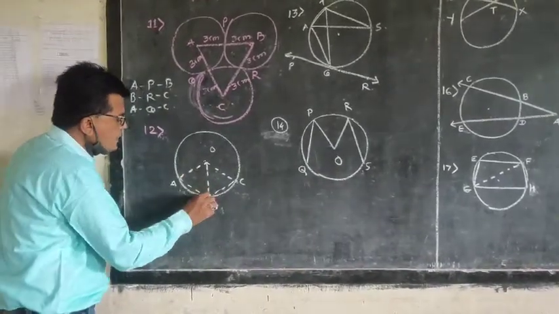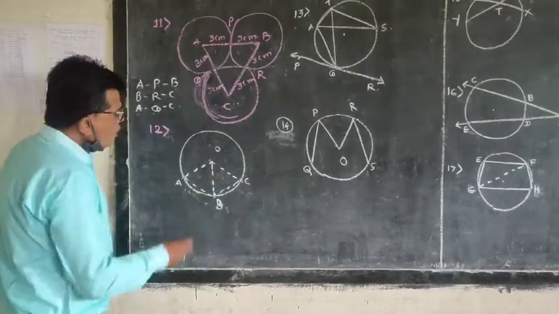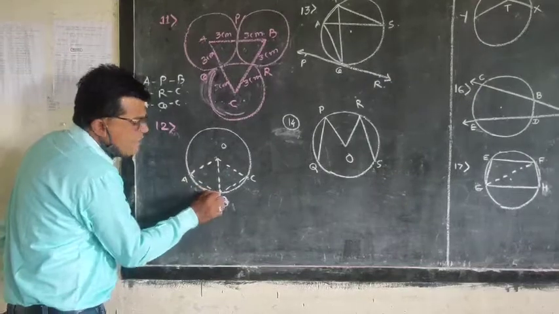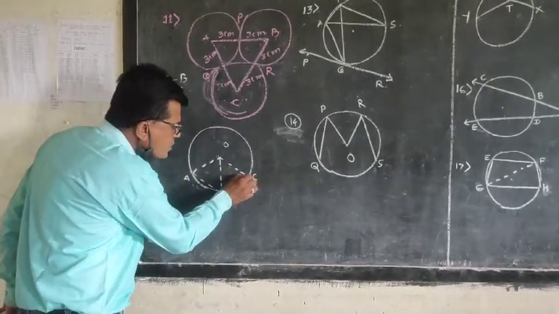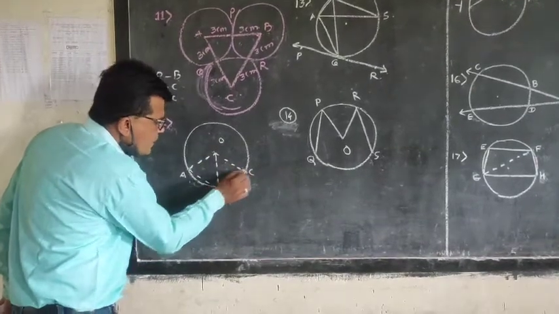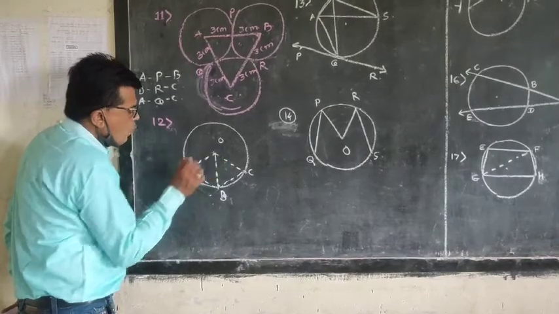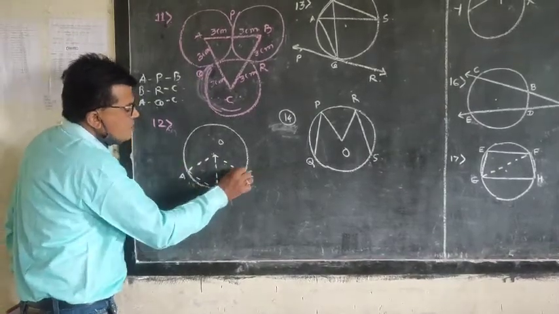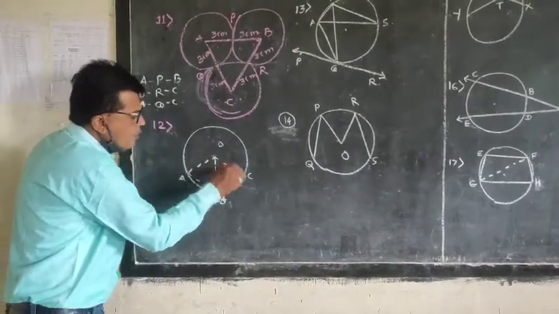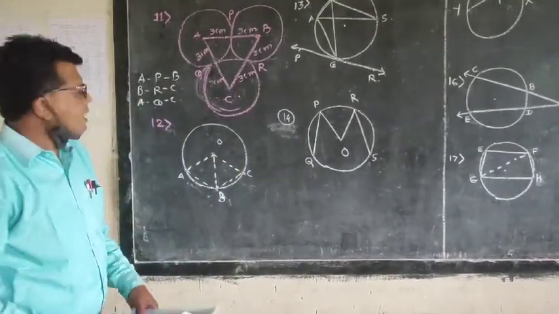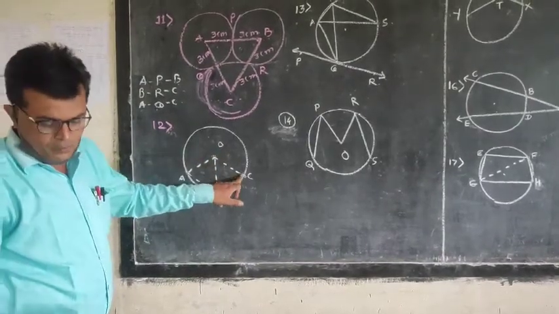So point O is equidistant from A and B. Similarly, O is equidistant from B and C. Why? A, B and C lie on the circle, and OA, OB and OC are the radii of this circle. The radii are congruent.